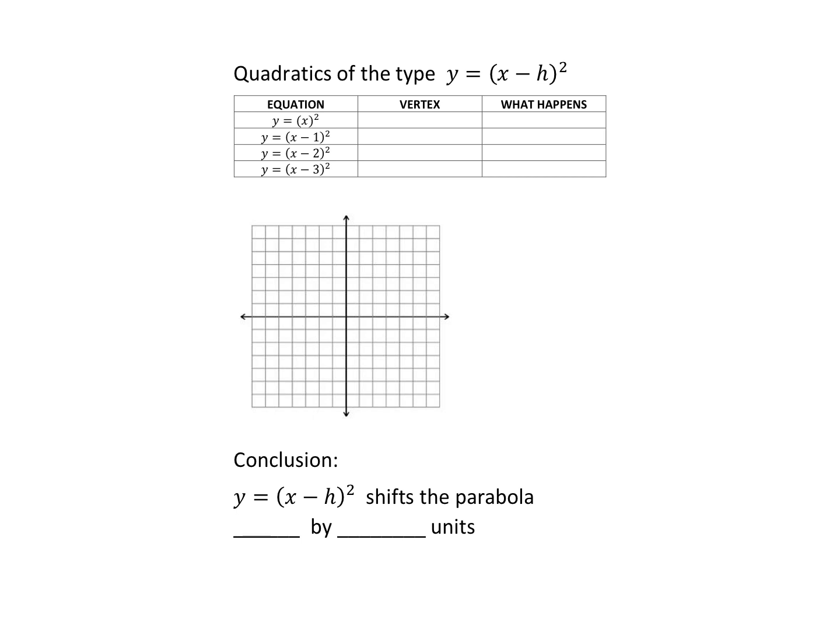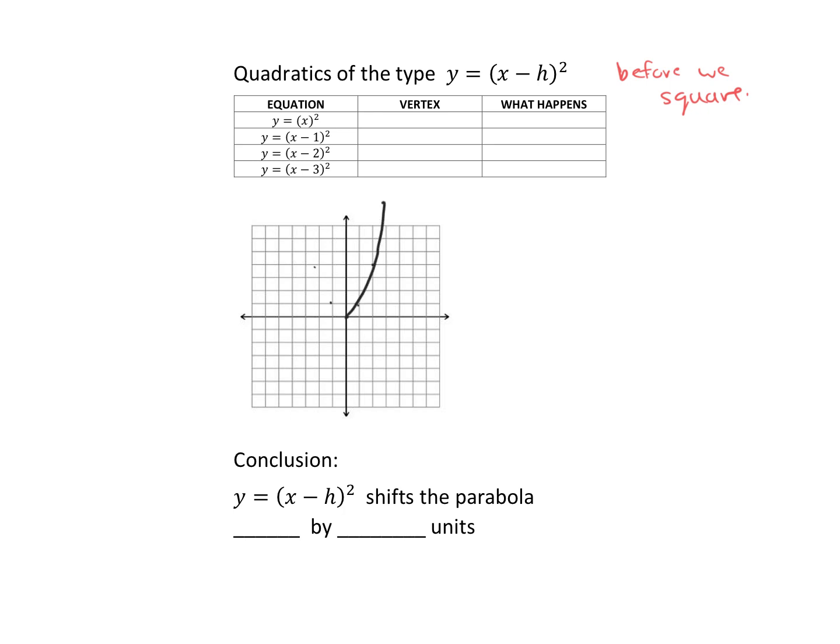Okay, what if we add or subtract a number inside the brackets? So we're going to add or subtract a value before we square it. x squared is our original graph.